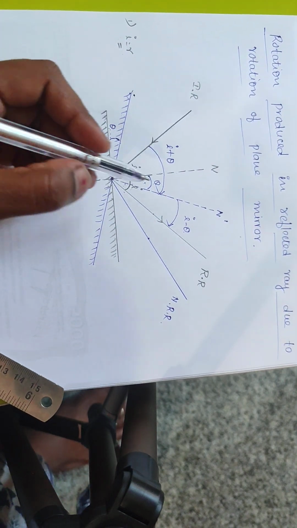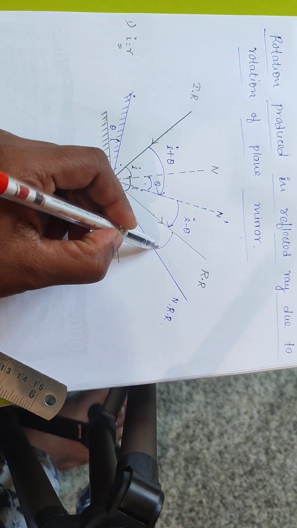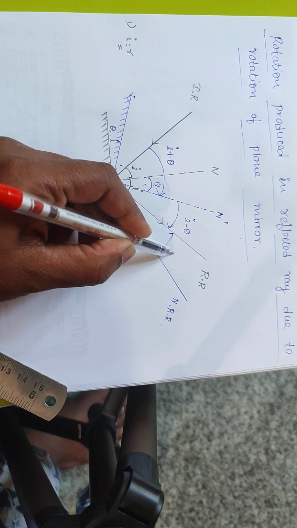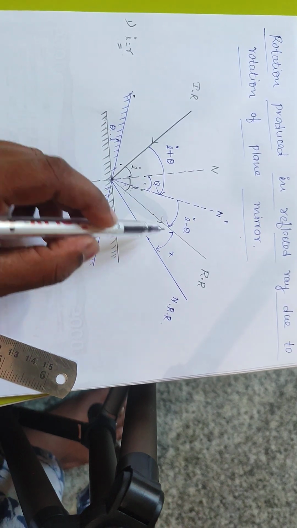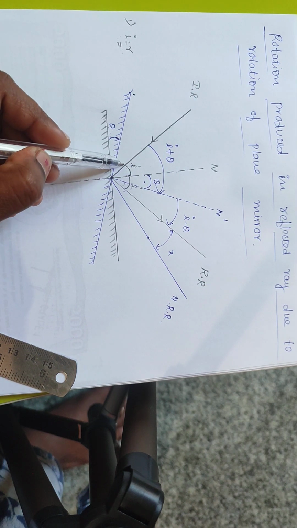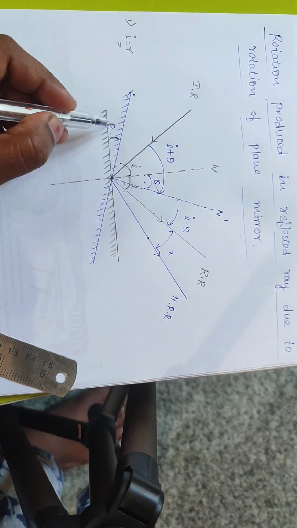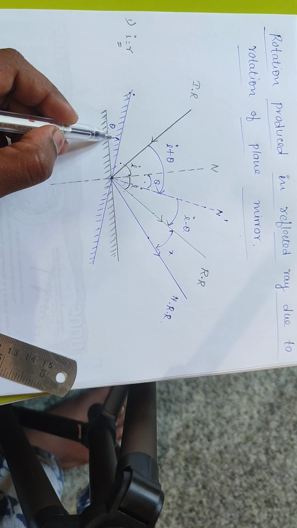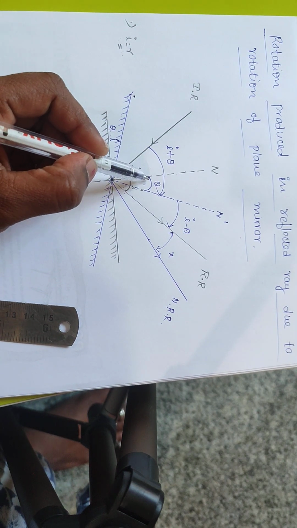Okay, now we are going to find out the angle. This is the earlier reflected ray before rotating the mirror, and this is the new reflected ray when the mirror has been rotated by an angle theta. Now see here, the angle between n and n dash is theta.